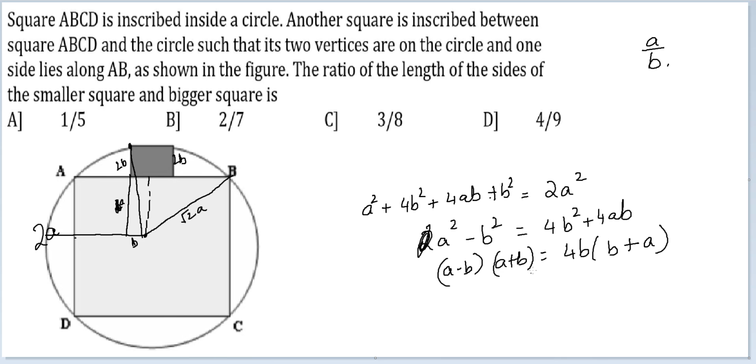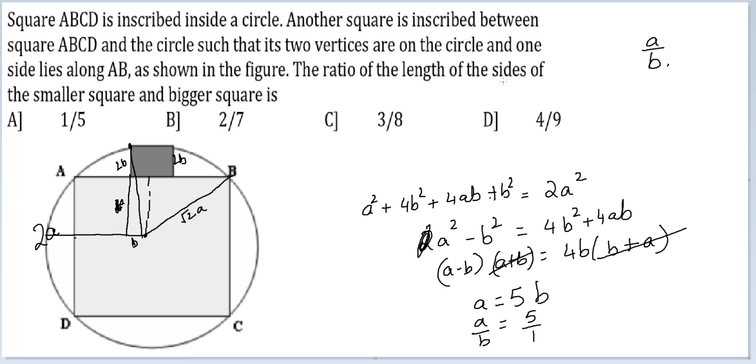I know b plus a will necessarily be a positive value, so I can cancel this and I can cancel this. Wonderful. Or a is equal to 5b, or a by b is equal to 5 by 1.